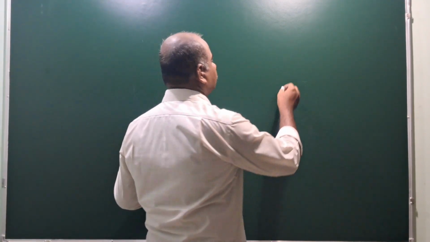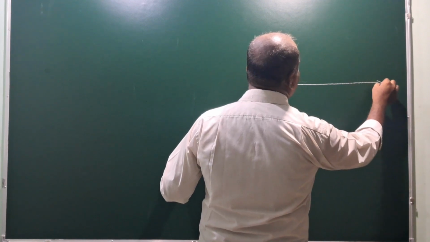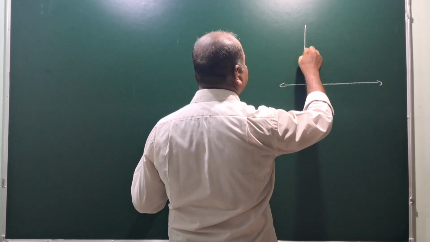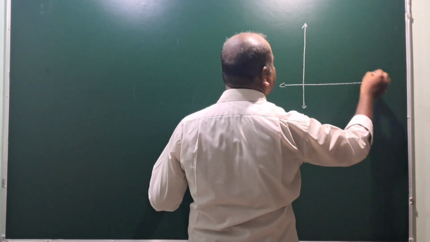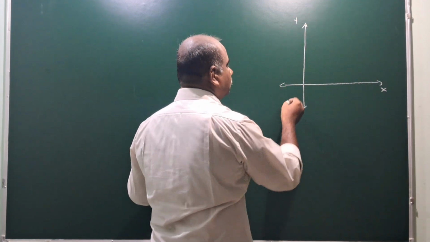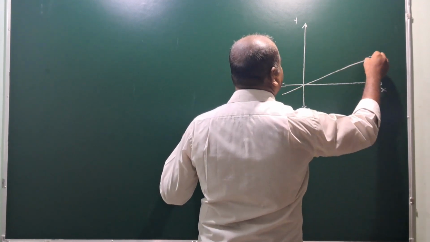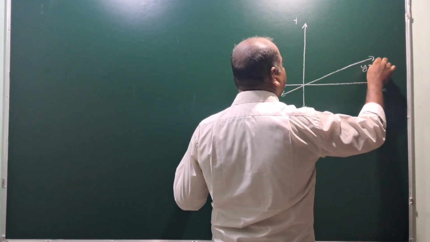Okay, let us draw one rough diagram like this. X-axis, y-axis. So this is the straight line y is equal to m1x.